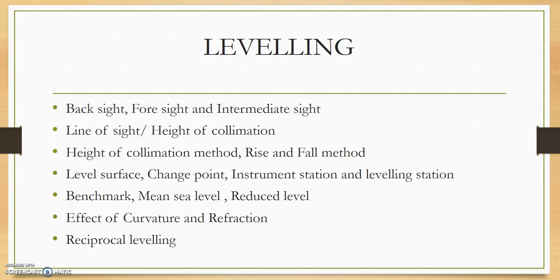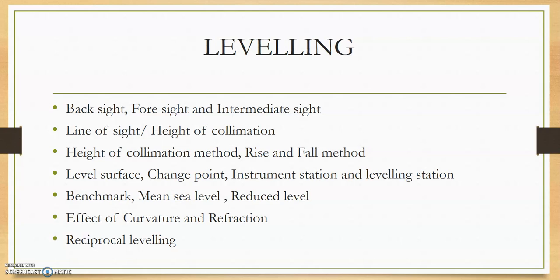Next, benchmark. A benchmark has a known RL. It is a reference point. RL means reduced level with respect to the reference point. Here the reference point means sea level is considered as the reference datum.